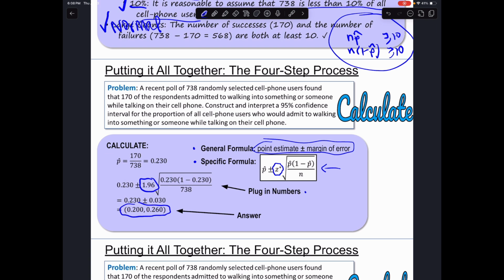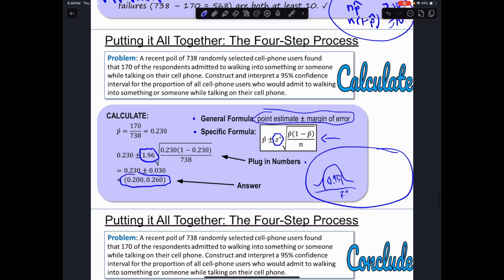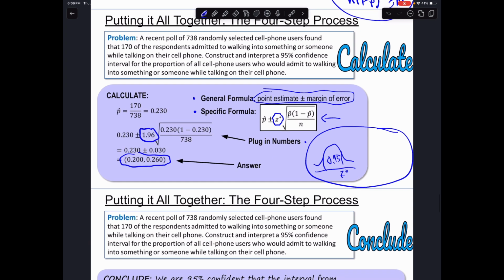And this was on the table I showed you earlier. Okay, and then they plugged in P hat and then plugged in N. So part of this calculate, you might actually have to make that 95% and do the Z star thing and do that out. But hopefully you just know that Z star is 1.96 for 95%. That table is important, and we're kind of banking on knowing that. But if you don't, you can find it manually.